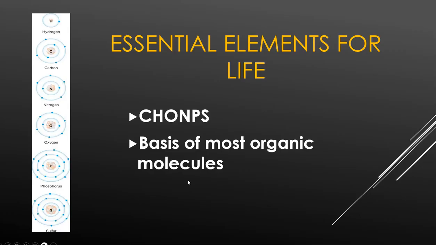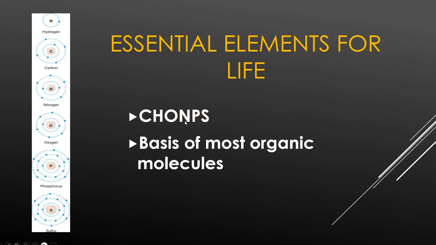So we mentioned that carbon is part of the organic molecules as well as hydrogen, but there are other elements that are essential for the molecules that are required for living things. So we see here this word, if you want to say it is a word, CHNOPS. This is an easy way to remember the elements that are required by living things. So we have carbon, hydrogen, which we've already mentioned, but also oxygen is a main component of a lot of these different types of molecules that we're going to talk about.